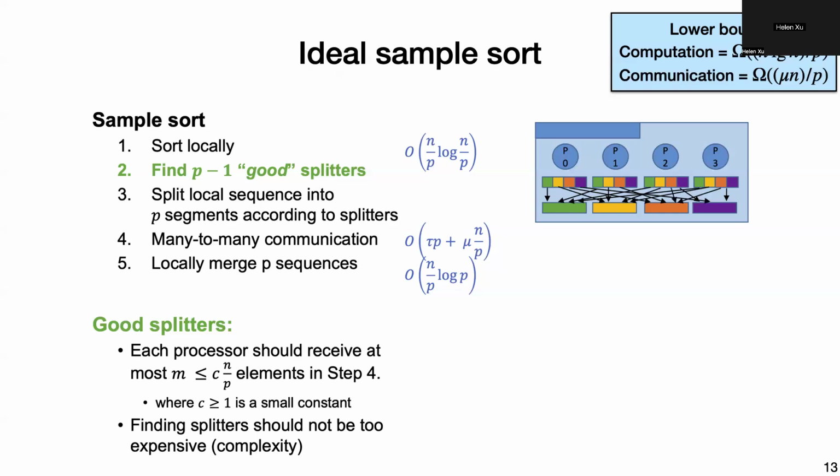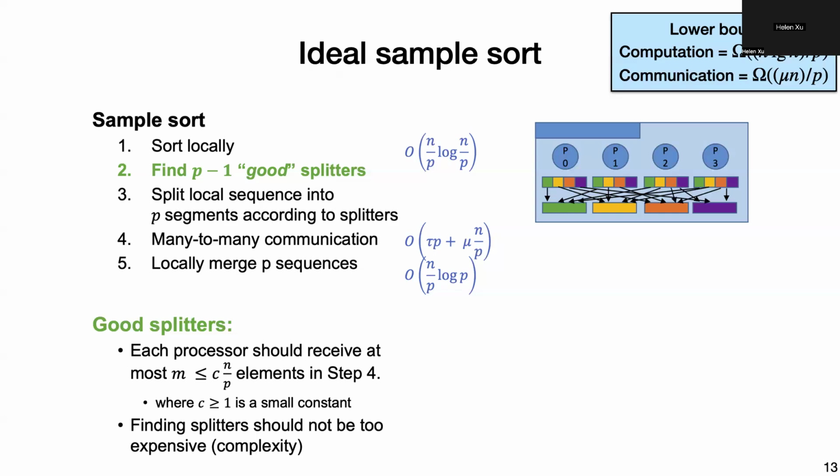And then the second problem is, we know the total size, but how do you know where processor 1's elements start and where processor 2's elements start? To figure that out, you know how many elements are going to processor 0 from processor 0, from processor 1 to 0, and 2 to 0, and so on. So you do a prefix sum on those sizes, and then that's where you start writing.